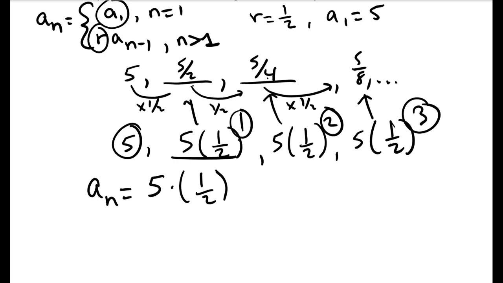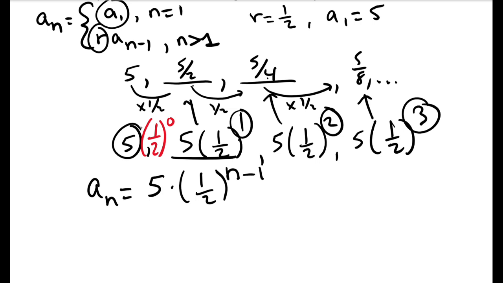And what's the pattern for this first 5, you may ask? Well, technically, there is a half there, but it's raised to the 0, so I'm going to go ahead and include that here. And we know that anything to the 0 power is 1. So this is 5 times 1. So basically it's 5 times 1/2 raised to the n minus 1 power.